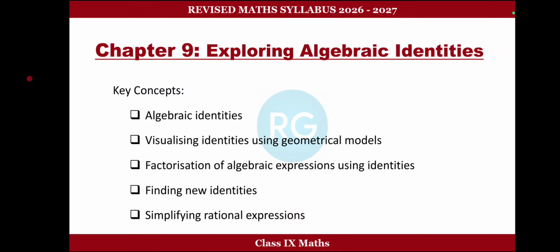You will have all the identities from class 8th and new identities you will learn in class 9th. Visualizing identities, simplifying rational expressions, there is nothing new in this, so I haven't marked it new.